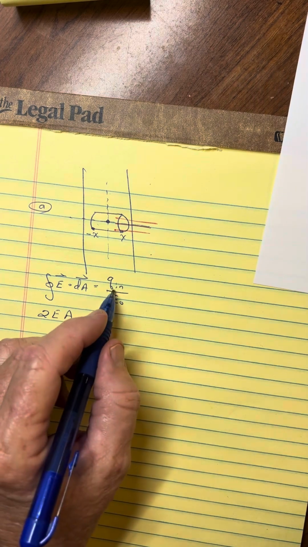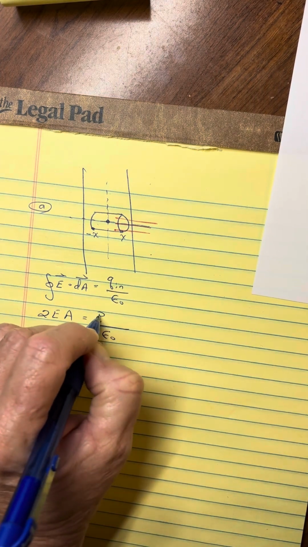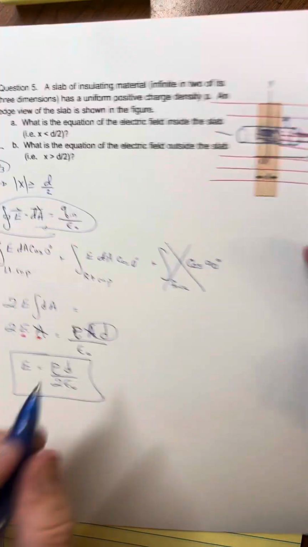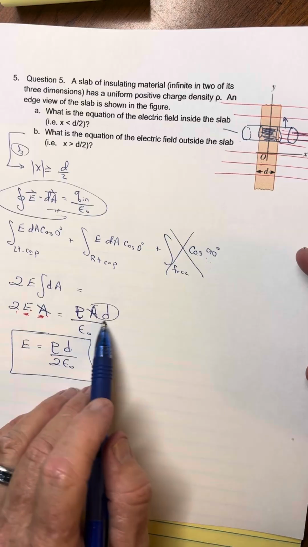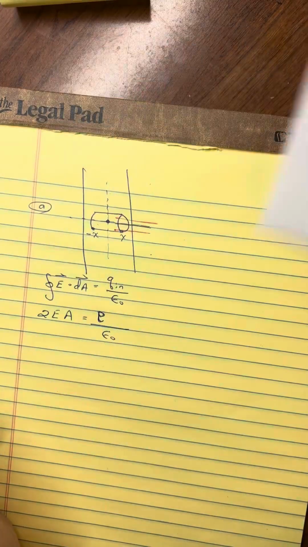What does change, though, is on the inside, we would have density. And just like over here, we had density, and this was the volume where there was charge. And so it wasn't the volume of the whole Gaussian surface.